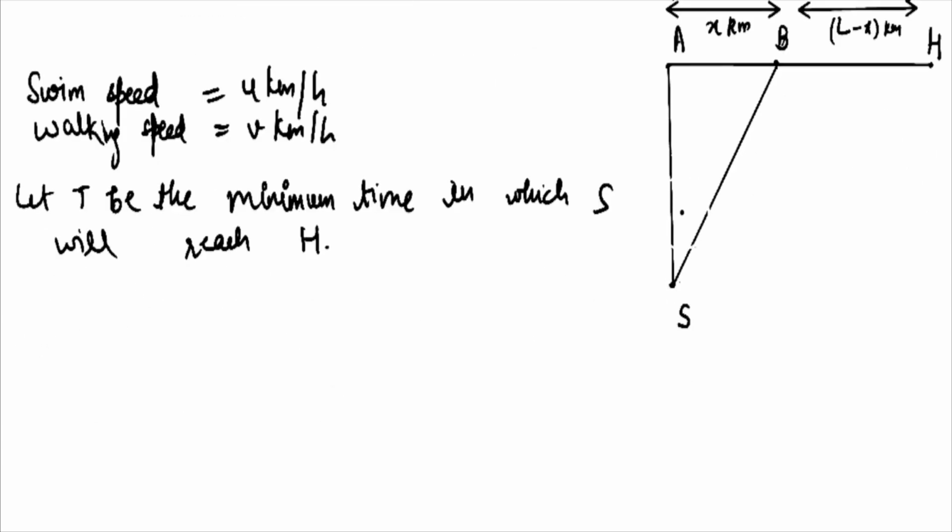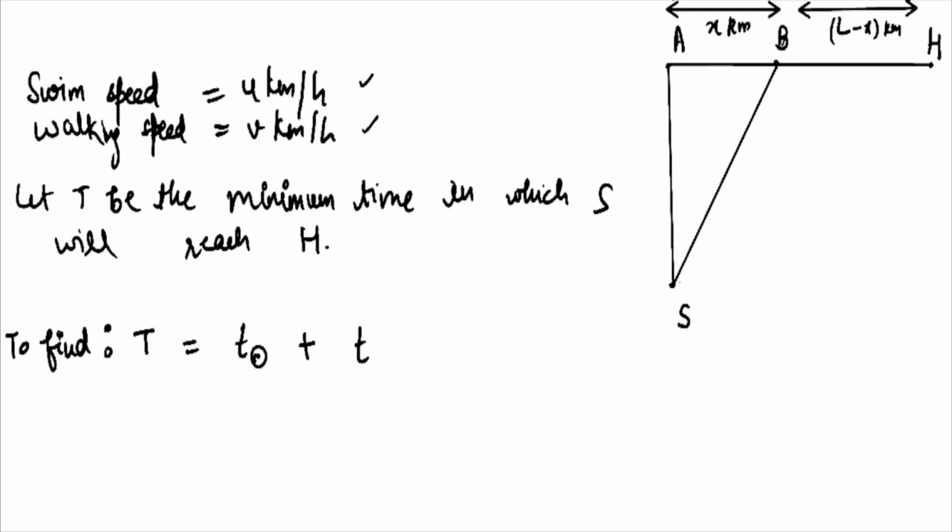So from the figure we can see that in order to reach from S to H, he will travel the distance SB first in the sea. For this he will travel with a speed of u kilometer per hour, and from B to H he will travel with the speed of v kilometer per hour, because BH is on the shore. So we have to find the time T, which will be the sum of the two times.